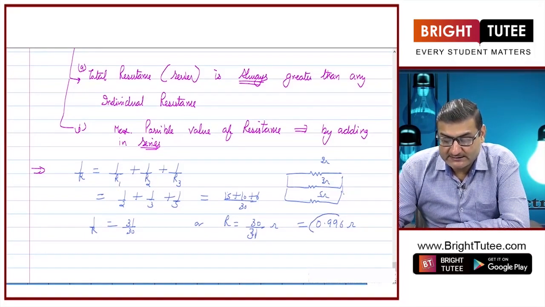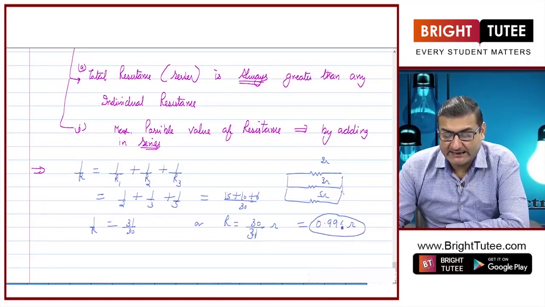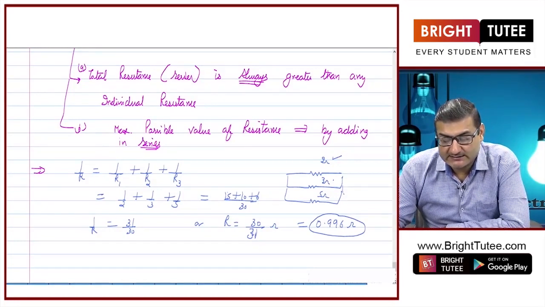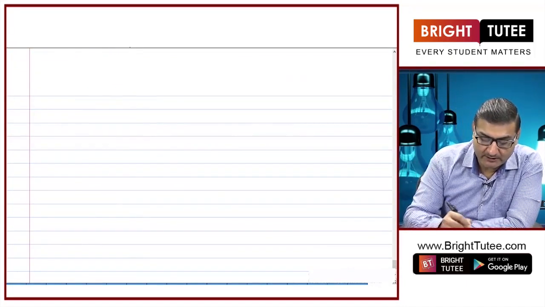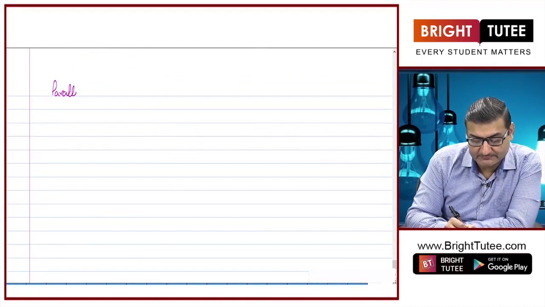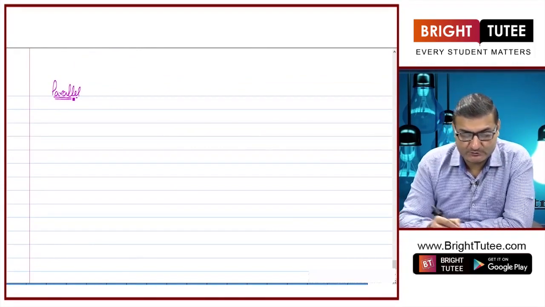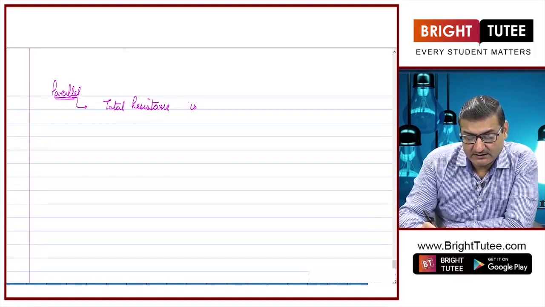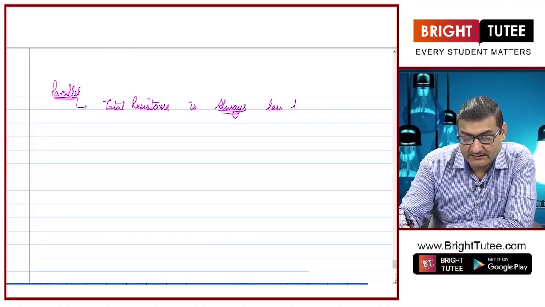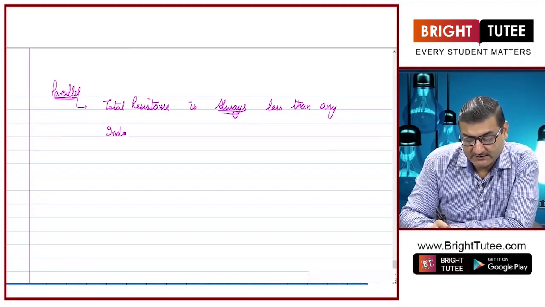Now, this total resistance 0.99 is less than R1, less than R2, less than R3. So, when I am talking about parallel combinations, it is just opposite to the series one, that the total resistance is always less than any individual resistance.